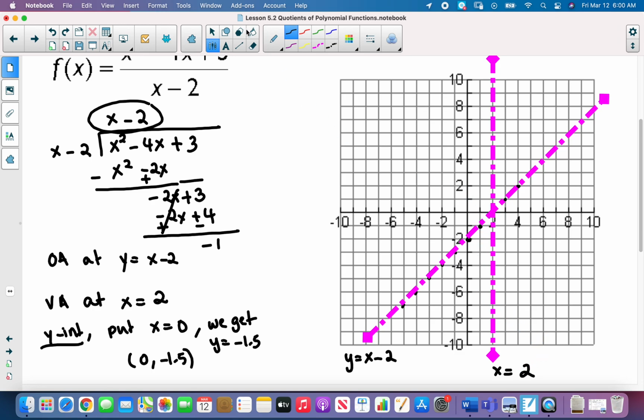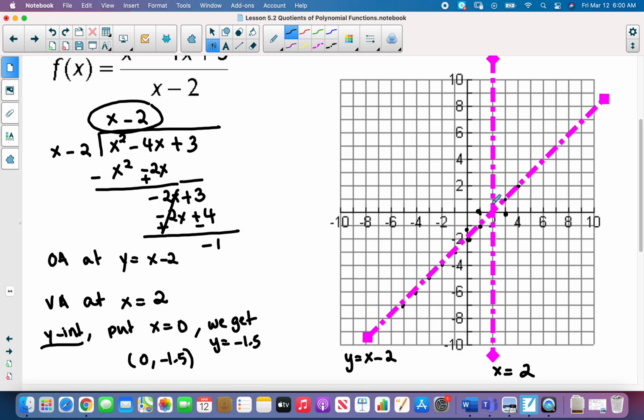And then plot our points that we have. So we have x-intercepts at 3 comma 0 and 1 comma 0, which is here. And then we have negative 1.5 somewhere here. We have a point.